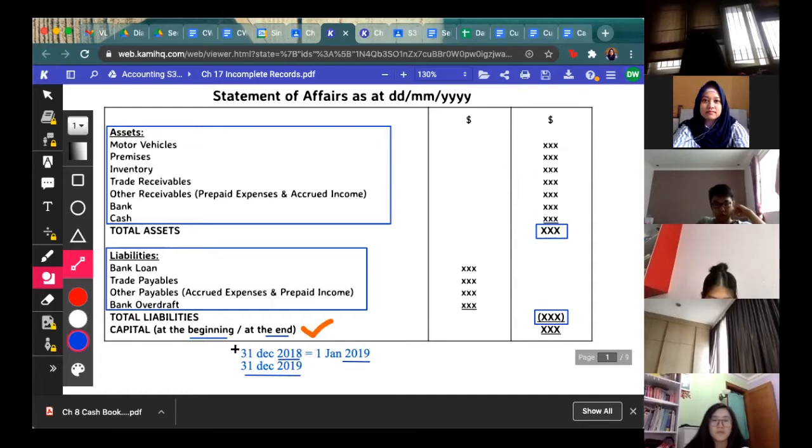So if you use information from 31 December 2018, change it into 1 January 2019, and then you will have the opening balance of capital. Don't be confused. Just look at the year. The oldest one will be the opening, and the youngest one will be the closing. Okay. So far, any question?